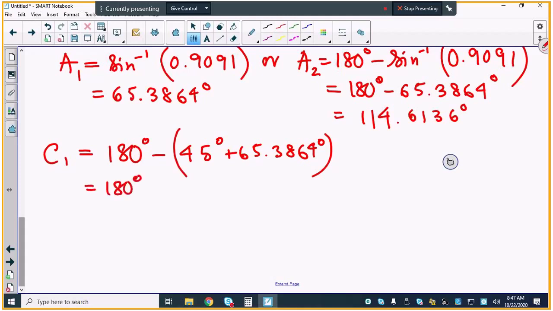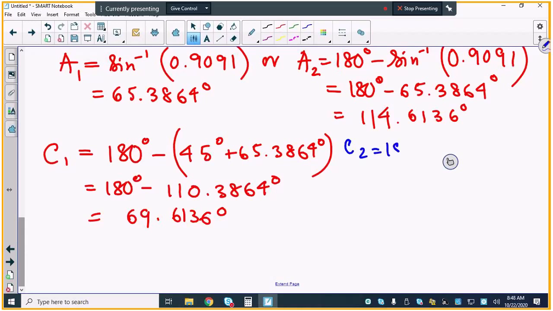So I get 180 degrees minus these two added is this. So I get 69.6136 degrees.